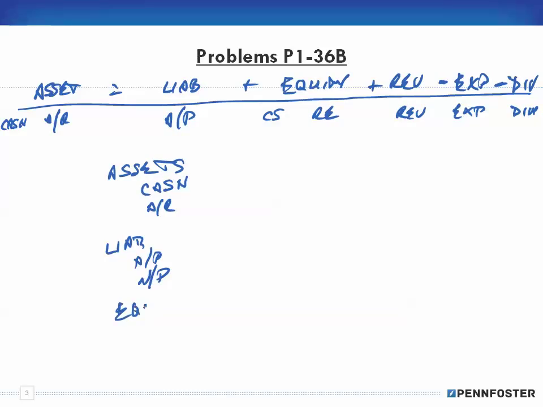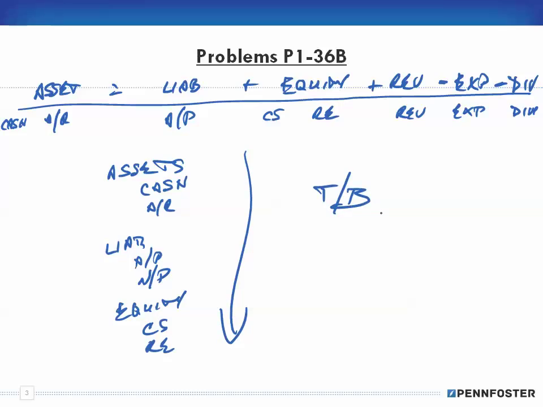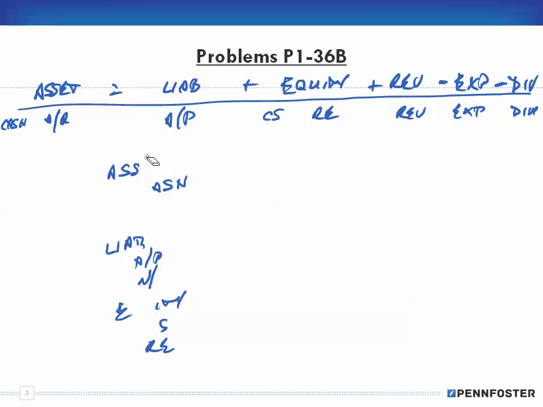I have equity, so I have common stock, retained earnings. So all I'm doing is just changing the format. Instead of listing things straight up and down like you would see on a trial balance or on my chart of accounts, I'm putting it across the page and treating them as ledger accounts.